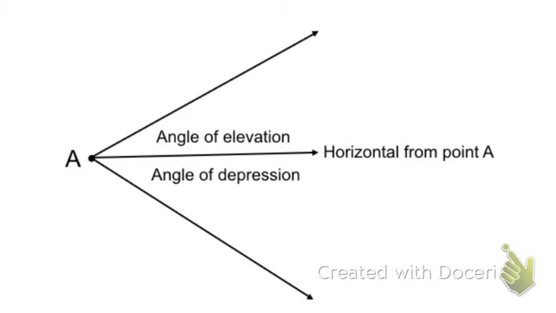Now, from a perfectly horizontal line, we can go two different directions with an angle. We can either go up or down. Up, we're going to call an angle of elevation in reference to a horizontal line because it's elevating. Elevating means to go up, like an elevator.